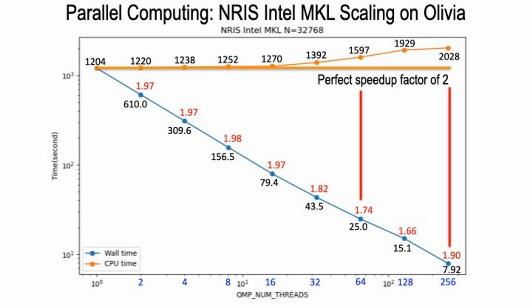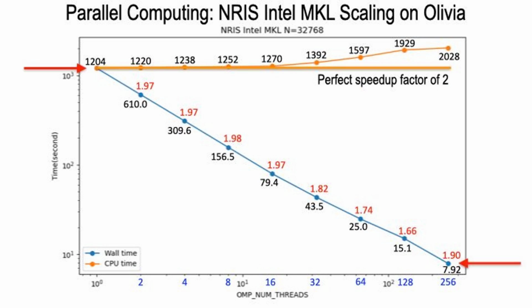The speedup remains at the same level when scaling to 256 cores. The scaling analysis shows that a computation taking 25 seconds on 64 cores is reduced to about 7.92 seconds on 256 cores, achieving a speedup of 3.2 instead of the ideal speedup of 4.